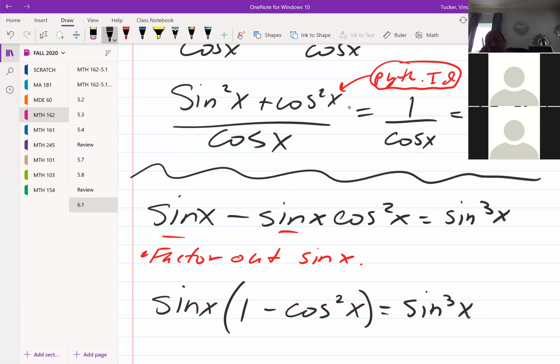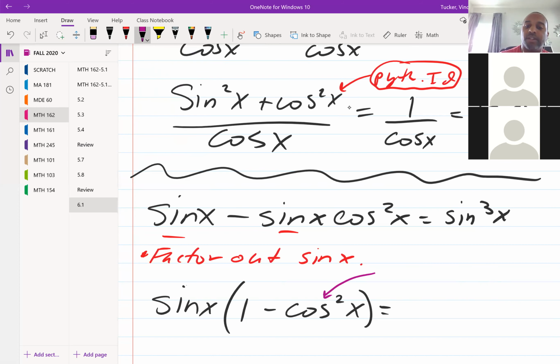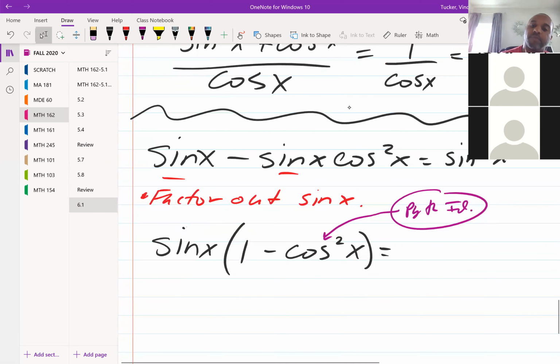Equal to sine cubed x. Normally I don't write that one over there since that's just the right side. But we have sine times 1 minus cosine squared, and this right here is the Pythagorean identity again. Sine squared plus cosine squared equals 1.